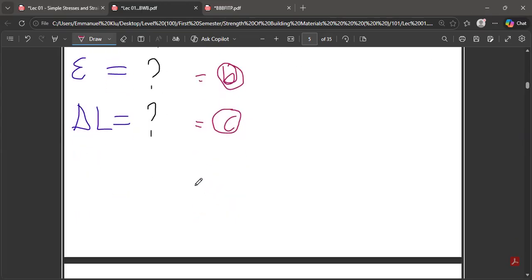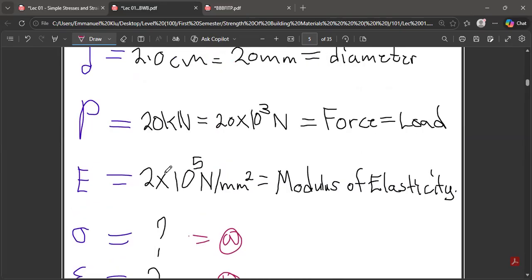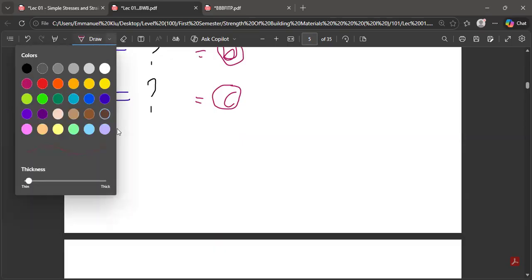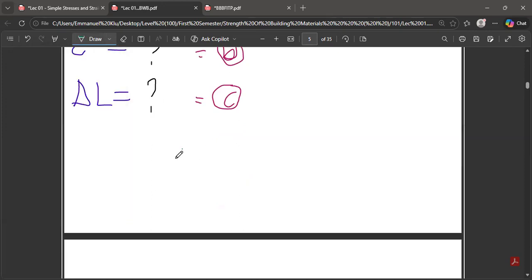Now we can come to our solution and we begin to solve. So let's quickly move to the solution. Before that, if you still wish to add some diagram to attract more marks, take note, addition of a diagram to your given also attracts more marks.